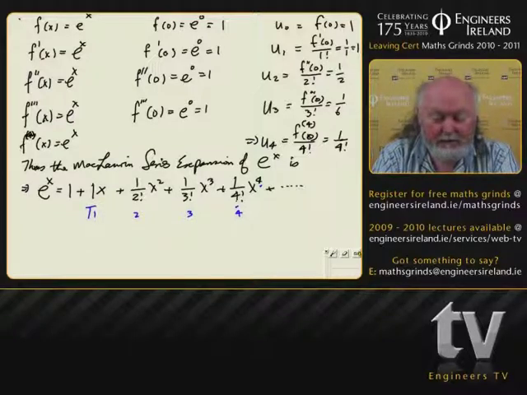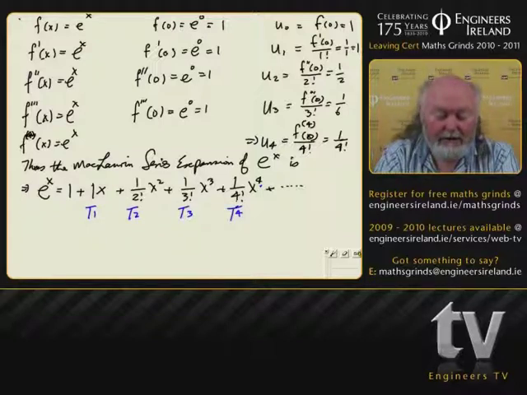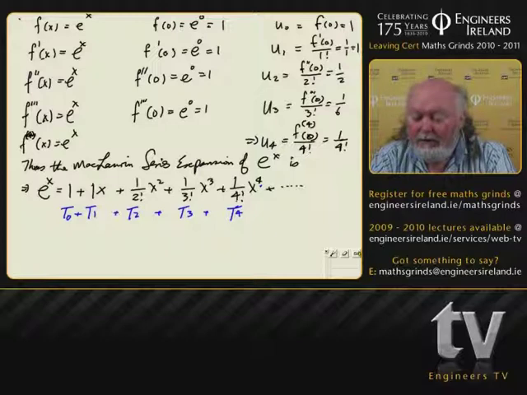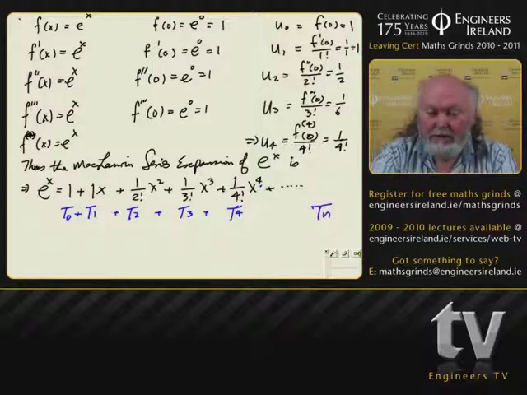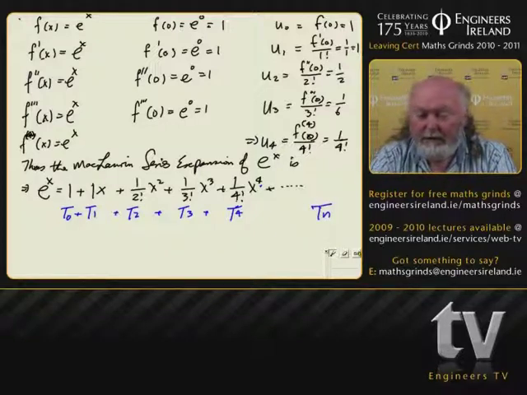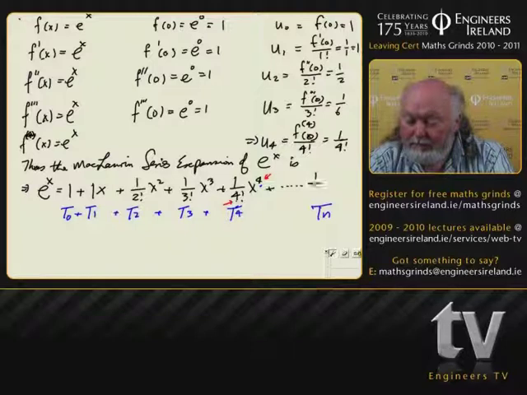So I could say that's T1, T2, T3, T4. But I have an extra one here, so that's T0. So we could say that the nth term, if we look at this guy, we know the nth term.